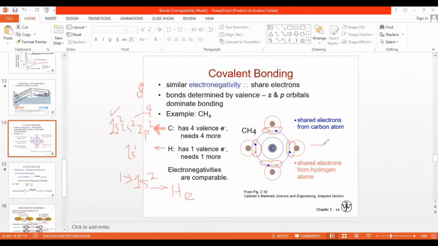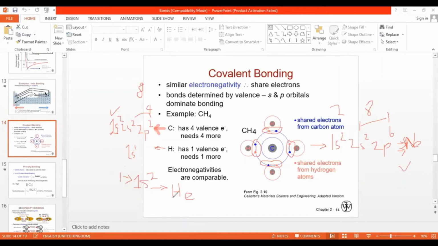So now it is 1s2, 2s2, 2p6. So that is here 8 and here 2. That is neon's electron configuration, right? So this is also stable.